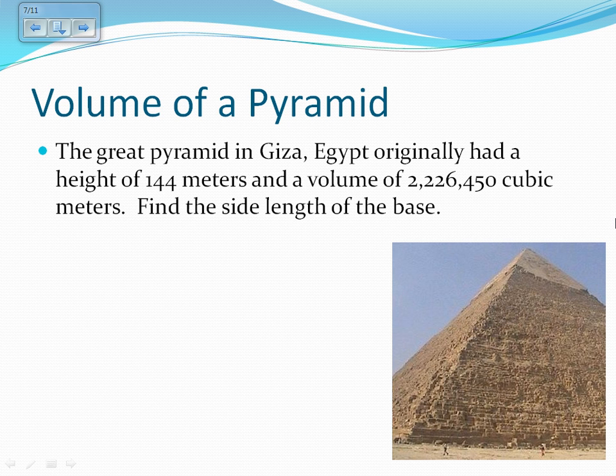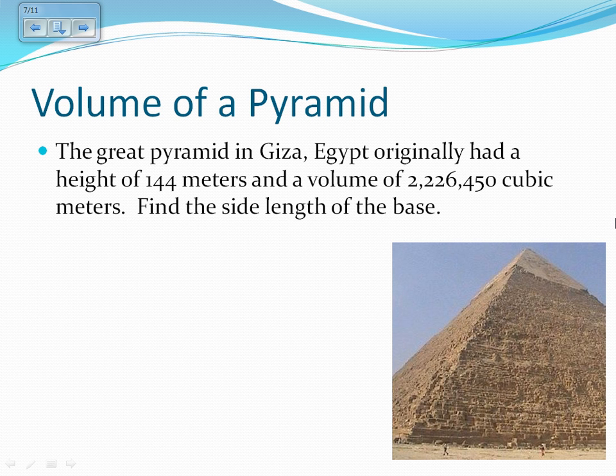Yeah, 48. 4 times 12 is 48. So you get 2,226,450 equals 1/3 times 144, which is 48b. Divide both sides by 48.